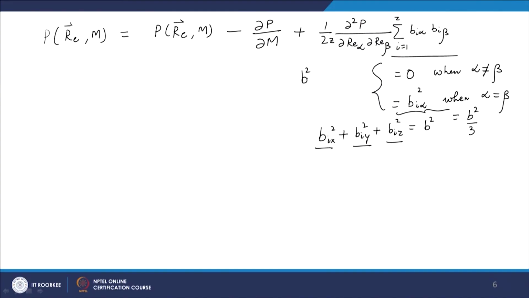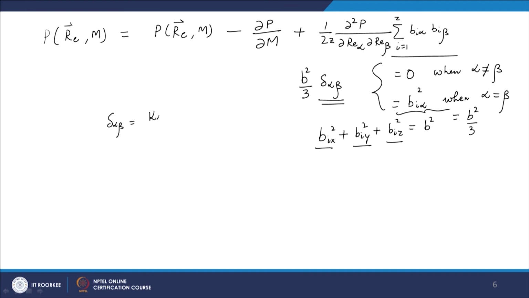Okay. So, I have a shortcut for writing this particular thing, that it is equal to 0 when alpha is not equal to beta and is equal to b square by 3 when alpha is equal to beta. As a shortcut notation, I can write something like this, where delta of alpha beta is a function I will frequently use.